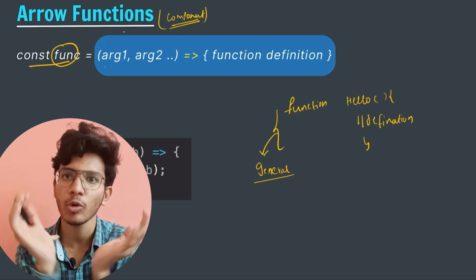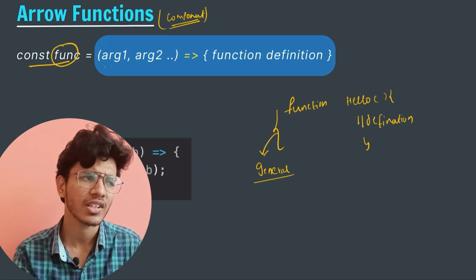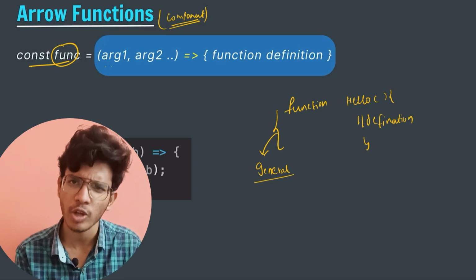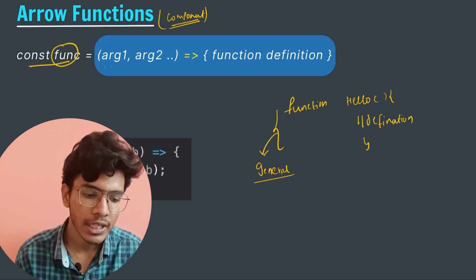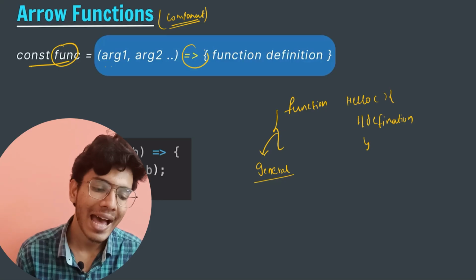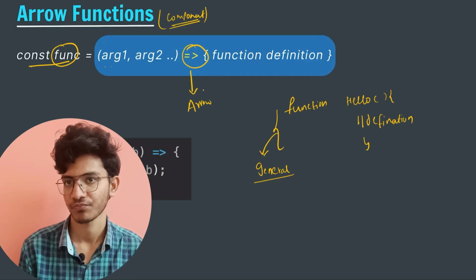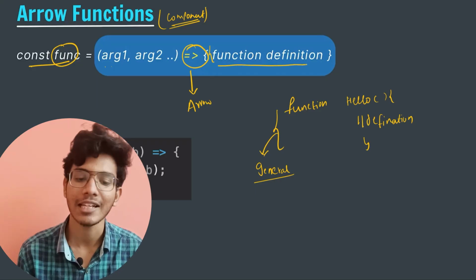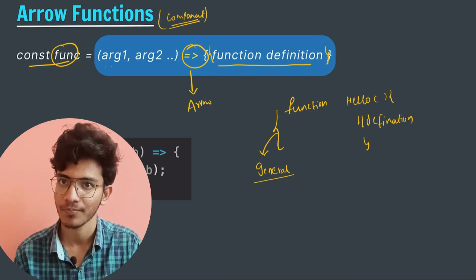We will give parenthesis, and inside the parenthesis, if there are parameters, basically input to the function, we will give them there. After it we will give this arrow symbol. This arrow symbol tells that this is an arrow function. After it come curly braces, and inside the curly braces we will give the definition of our function.